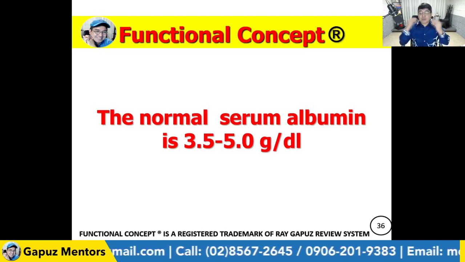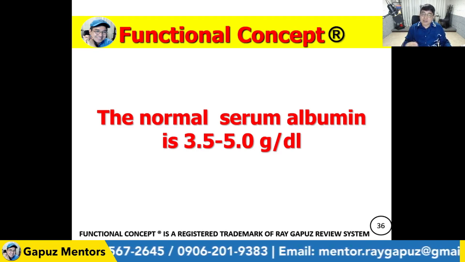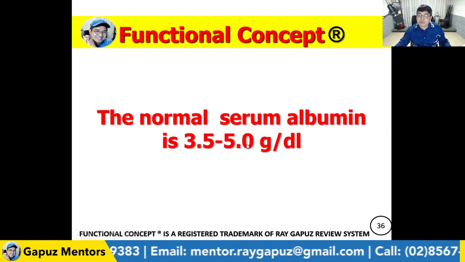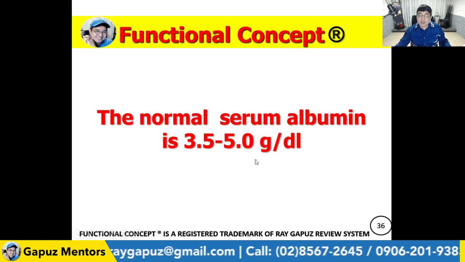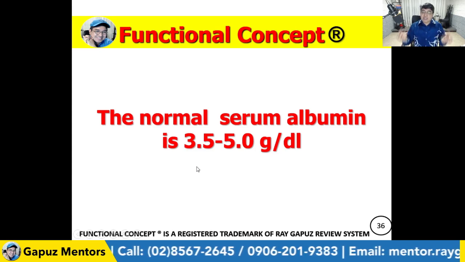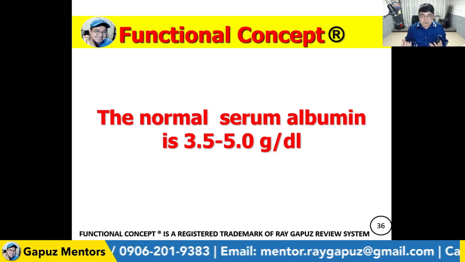What you have to remember is that a high albumin indicates dehydration. So if your albumin is higher than 5.0, it could mean that the patient is having dehydration or severe diarrhea. And a low albumin could indicate that the kidneys are unable to retain protein, such as in the case of nephrotic syndrome.